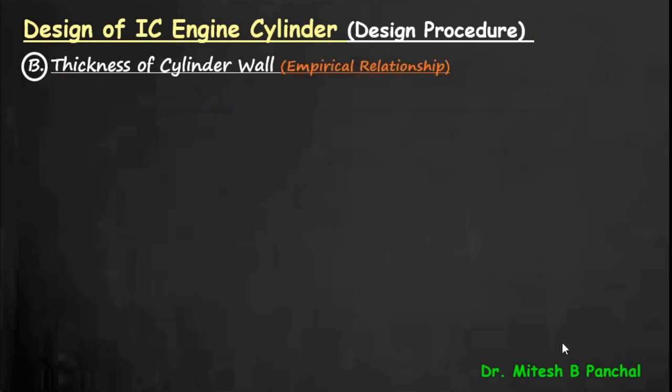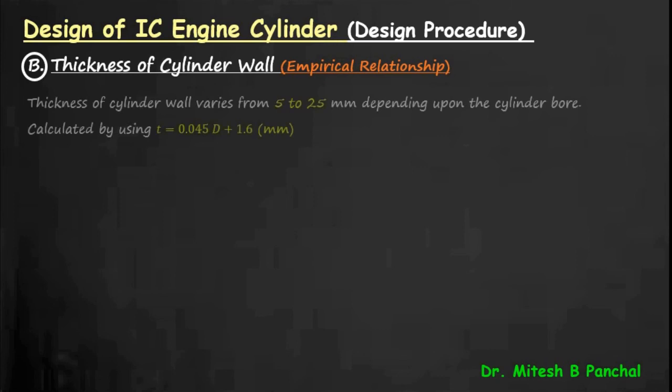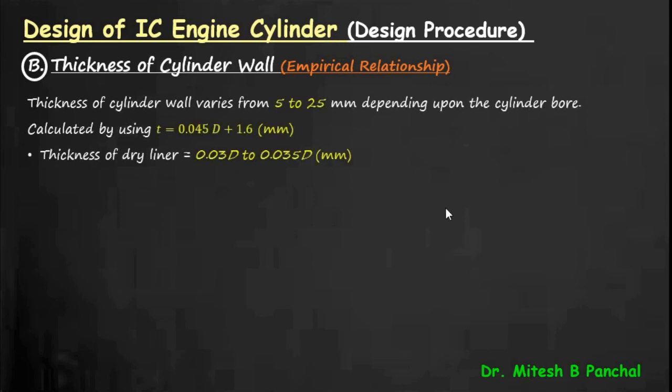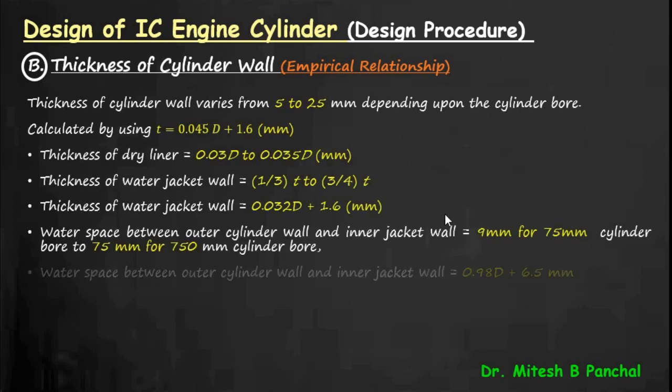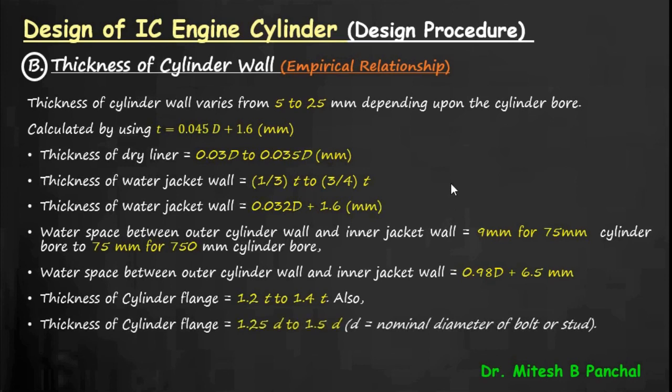Once the thickness t, bore diameter capital D, and length of the cylinder, that is capital L, are known, you can have the empirical relationships to find out the different dimensions related to thickness of dry liner, thickness of water jacket wall, in terms of t, that is thickness of cylinder, as well as in terms of D, that is the bore diameter.